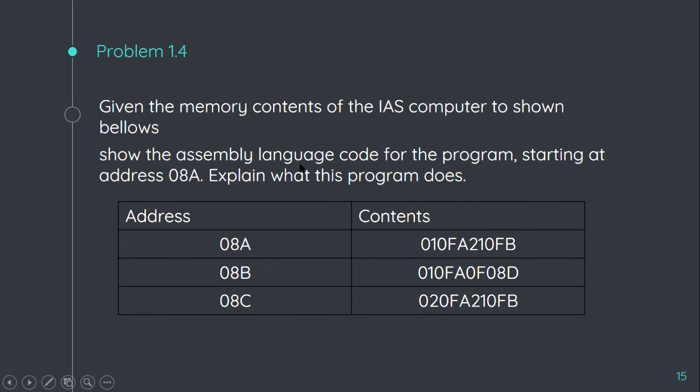As you can see, there is a table here with address and contents.